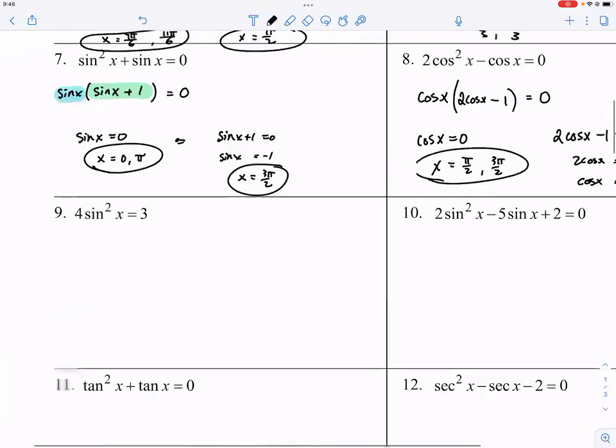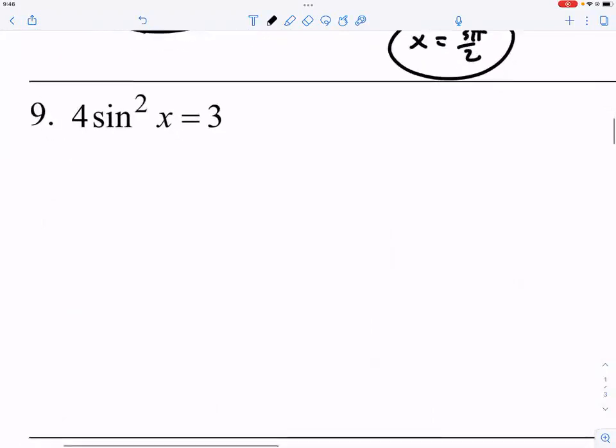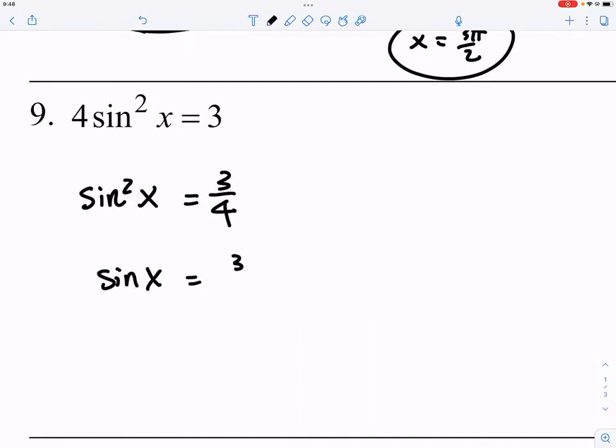Okay. Now, what about number 9? So for number 9, we have a single sine square x right here. So we say sine square x is equal to 3 over 4. And now we will do the square root. So we have square root of 3 over 2.